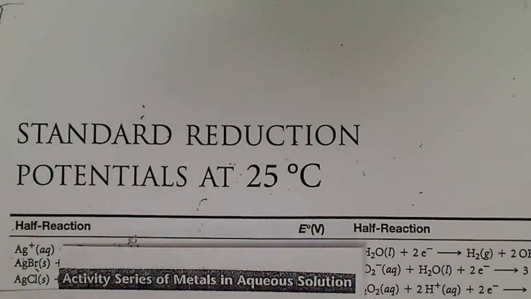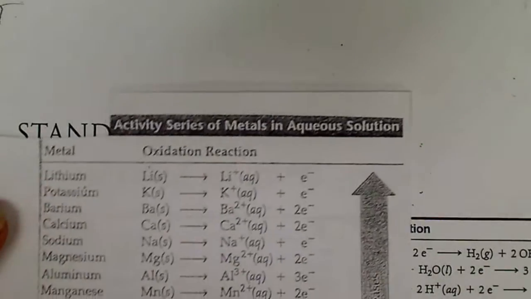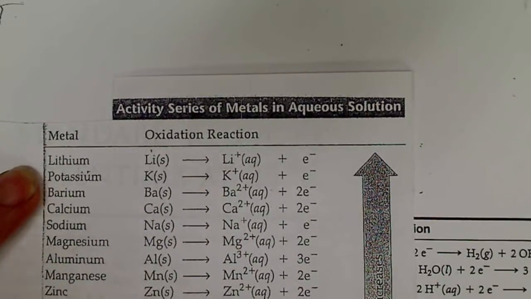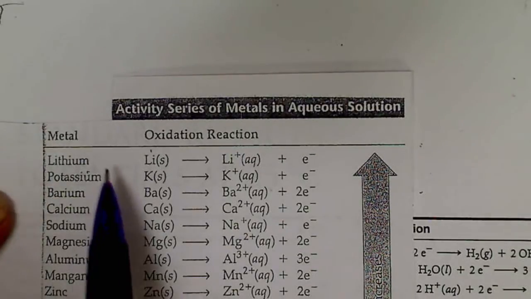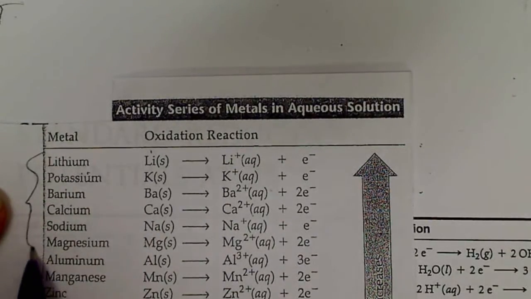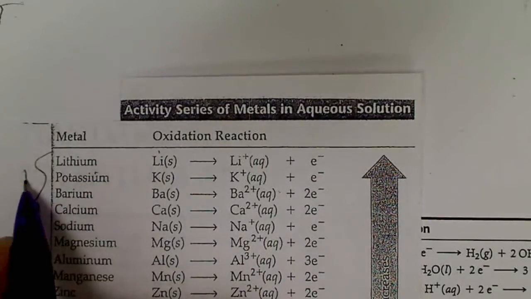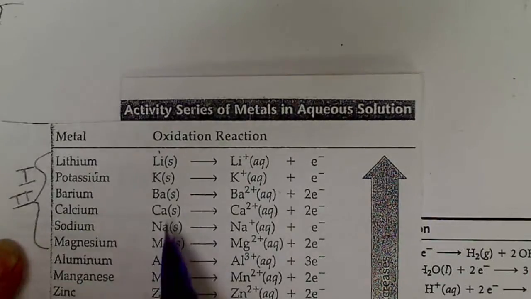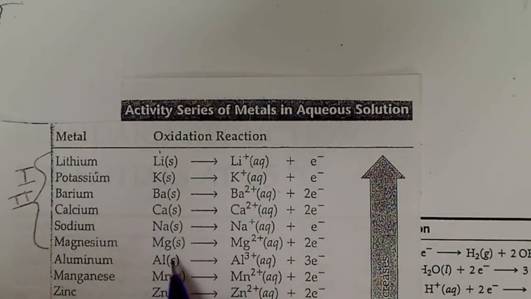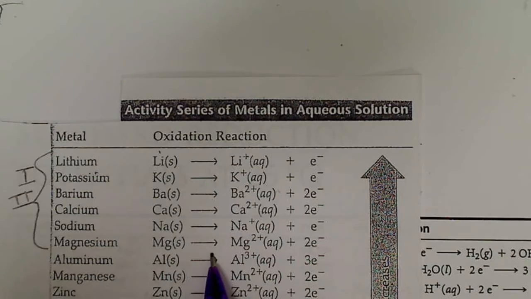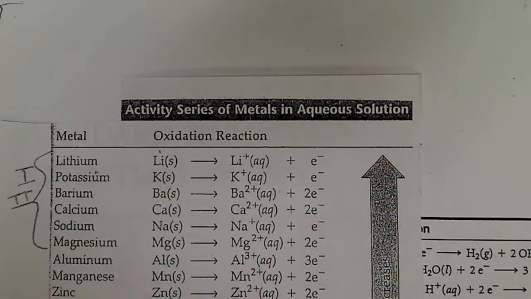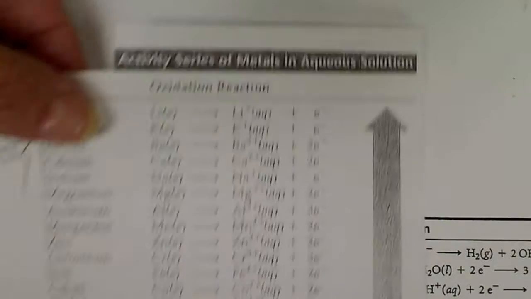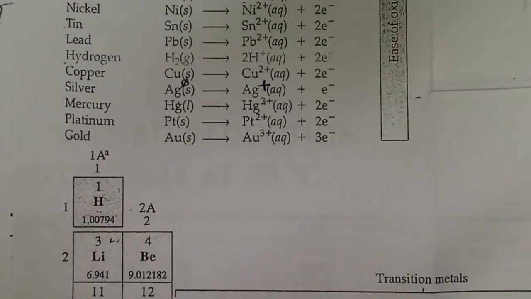But if we consider lithium, which is on the activity series, lithium metal is the most easily oxidized. So these are the column 1 and column 2 metals. They're very reactive, so we rarely find them as the elements in nature because they're so eager to get rid of electrons. So if we recall, lithium is in column 1.